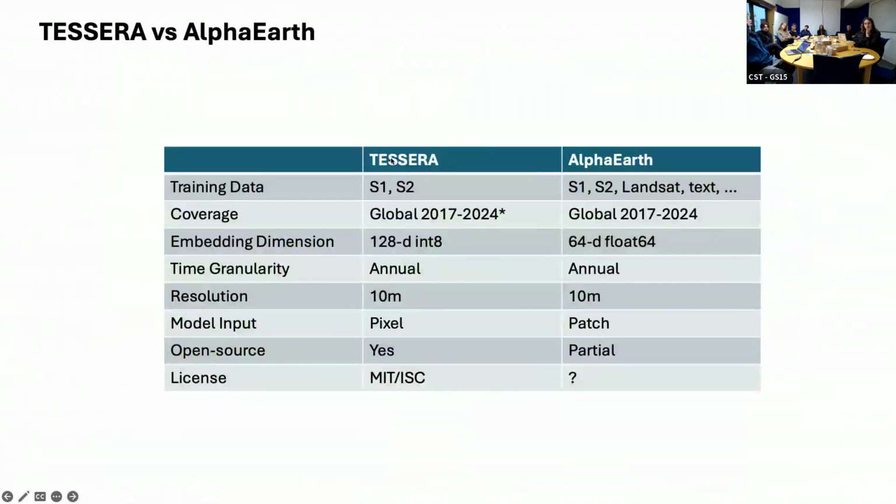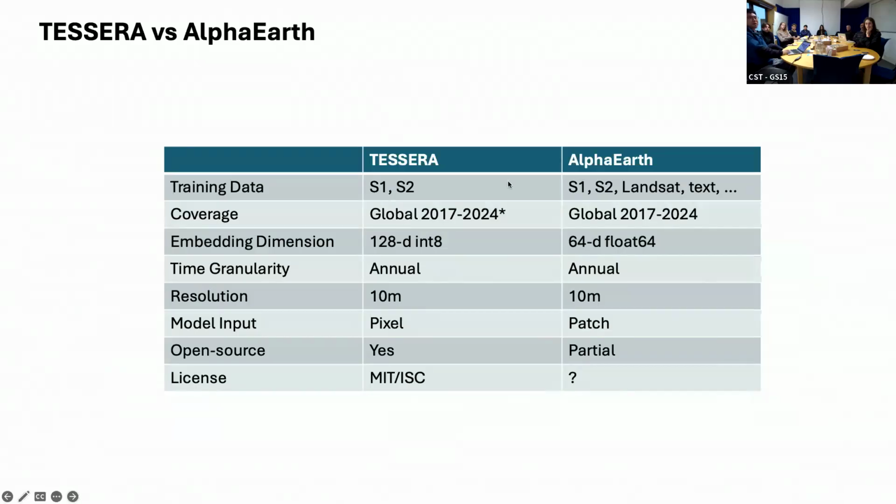And here is a more comprehensive comparison. First of all, TESSERA only uses Sentinel-1 and Sentinel-2, while Alpha Earth actually uses a lot of data. The inputs of their model are Sentinel-1, Sentinel-2, and also Landsat. But they use some very strange modalities, let's say text and also GEDI and also DEM, something like that, in their training pipeline as well.